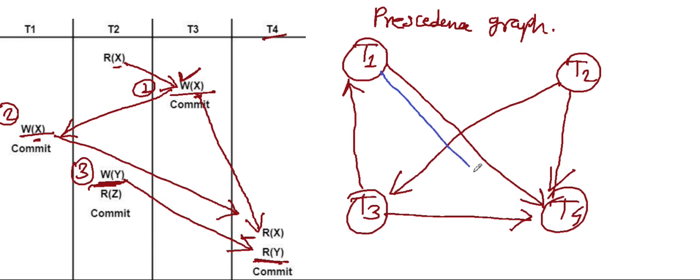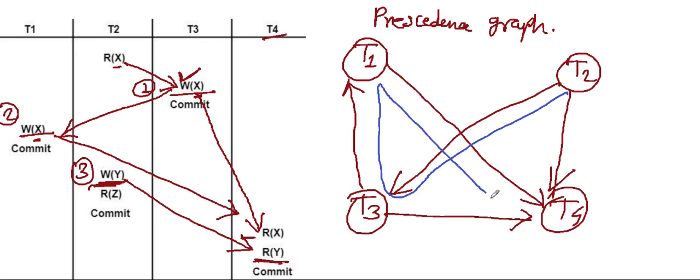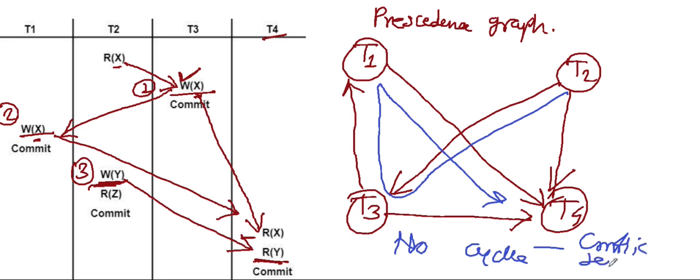If you start from here, it ends here. If you start from here, it also ends here. Again, there is no cycle. So the schedule is conflict serializable.